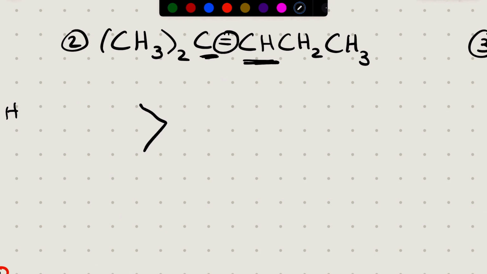All right. So that tells me that I have these 2 methyls. Well, methyl is the shorthand for a CH3, if that helps. I have these 2 methyls, and I'm going to create my double bond here because this C is connected to this double bond. Then you have this carbon here that is attached to a hydrogen, and that is then attached to a CH2, and also attached to a CH3.